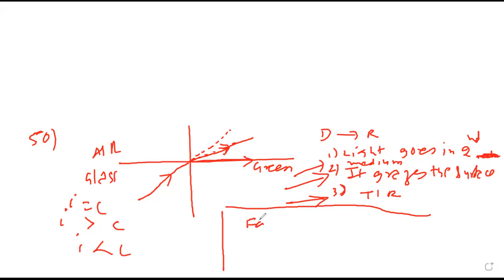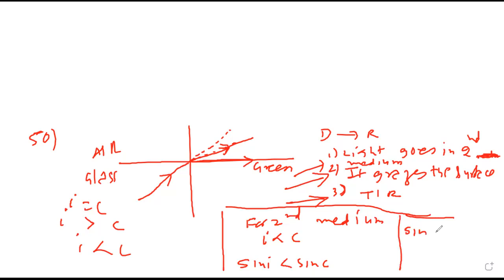So can I say for going in second medium, that means in air, angle of incidence should be less than critical. Am I correct? So sine of angle of incidence is less than sine of critical angle.